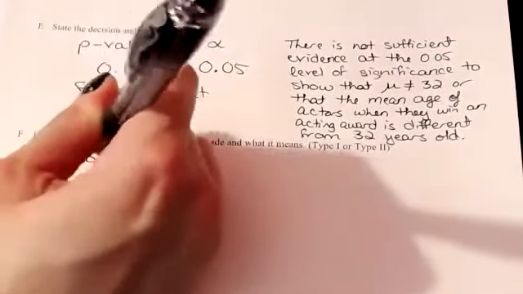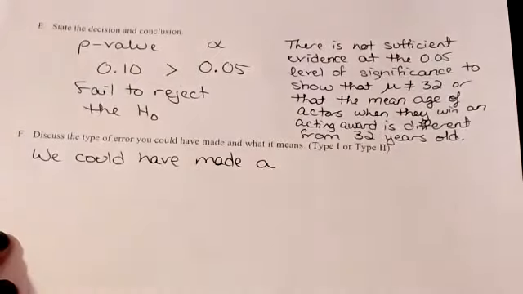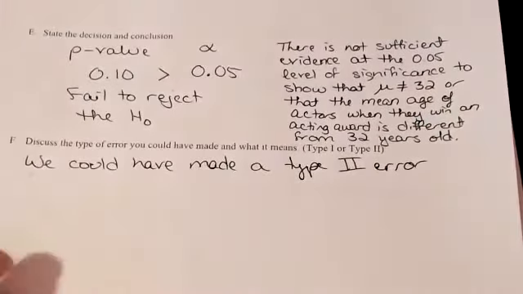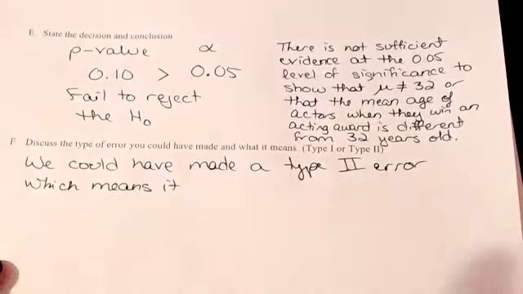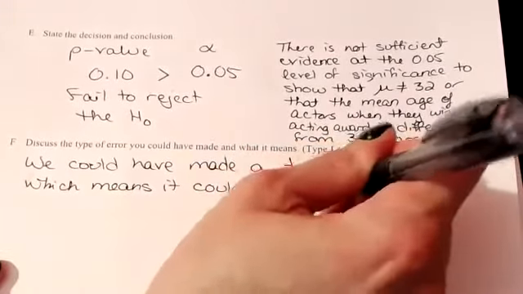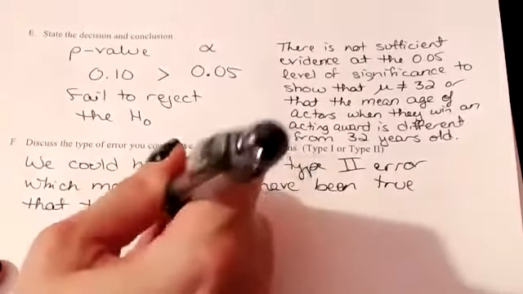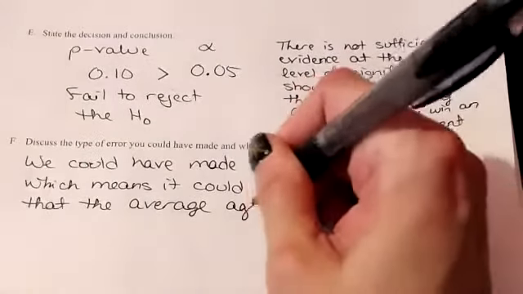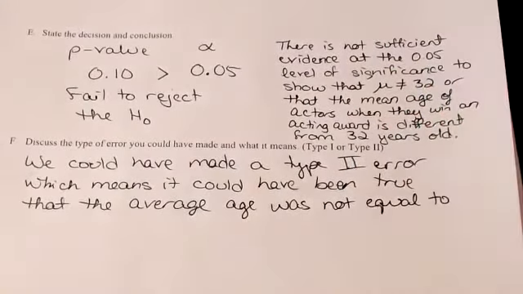We could have made a type 2 error, which means it could have been true that the mean age, the average age, was not equal to 32 years old.